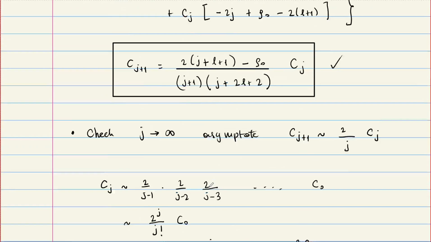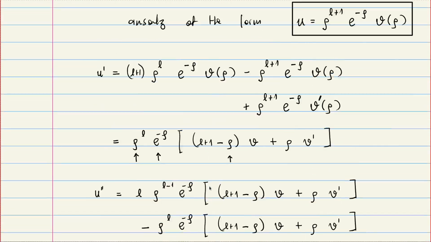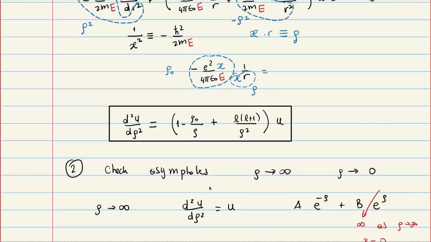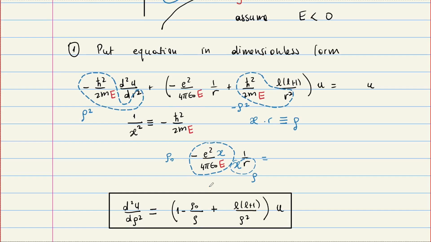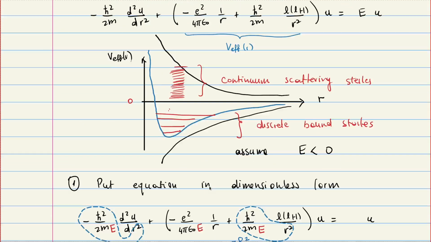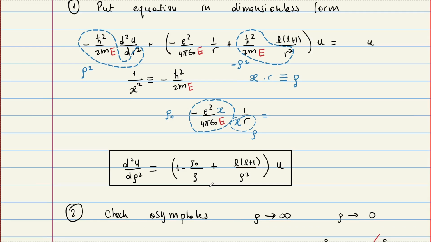Let's see what rho 0 was here. I want to take these definitions.